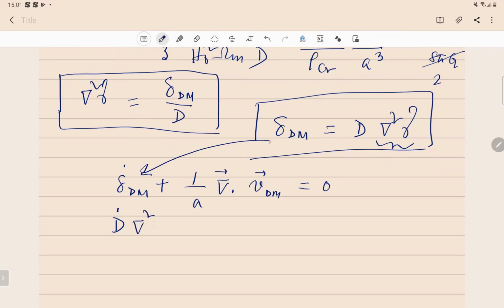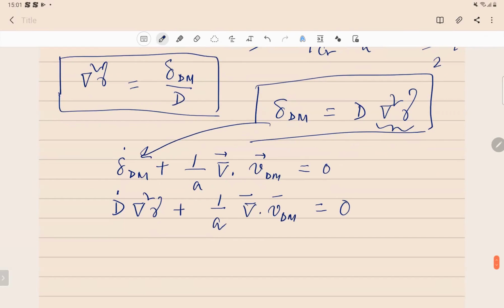So you have D dot del square gamma, and this has no time dependence, so this del square gamma, plus 1 by A, divergence of V, that is equal to 0.